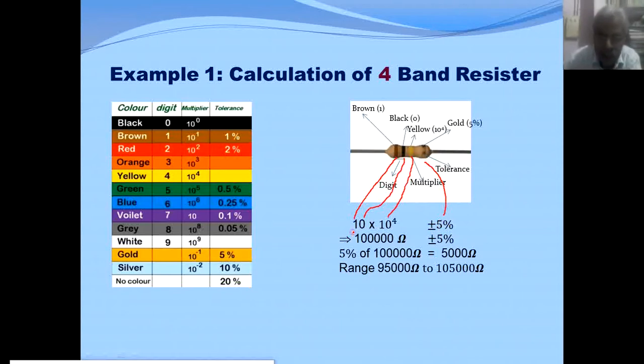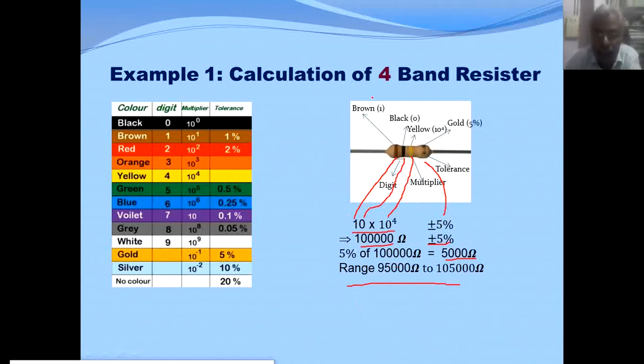So the calculation of this value is this much. The 5% tolerance of this value is 5,000. So its range becomes from 95,000 ohm to 1,05,000. Thus we can calculate the resistance of given resistors this way.